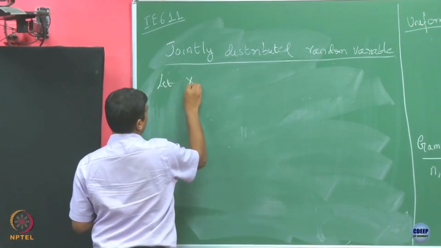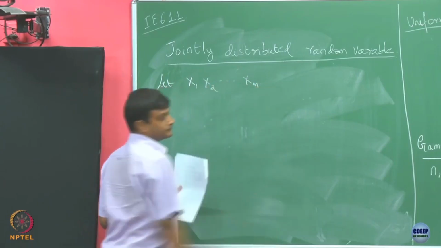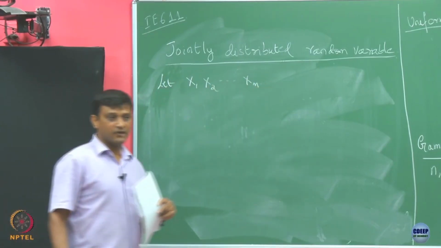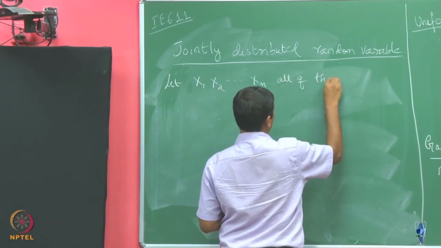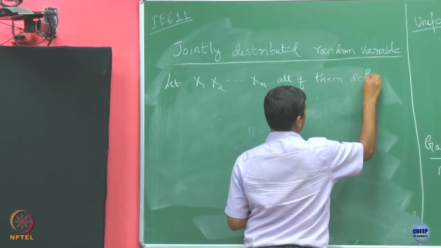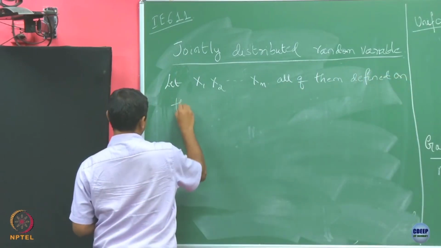I have m random variables which I am going to denote like this, all of them defined on the same probability space.